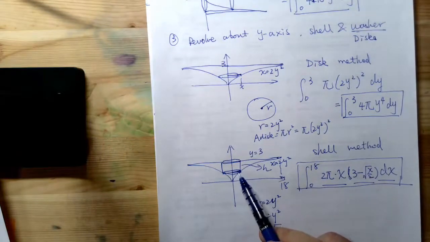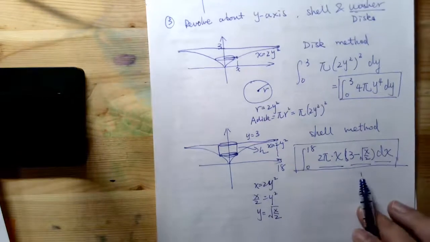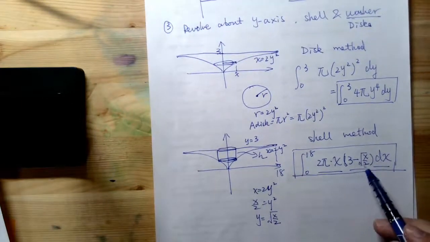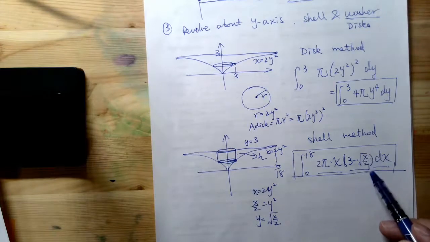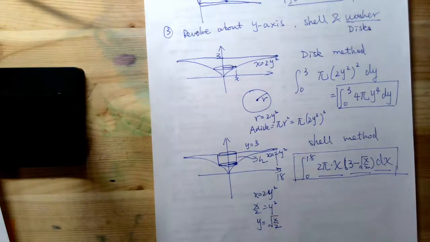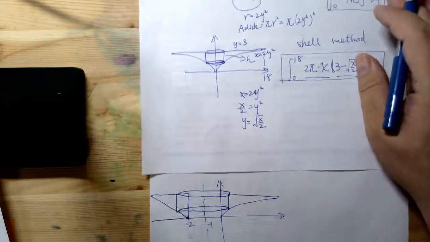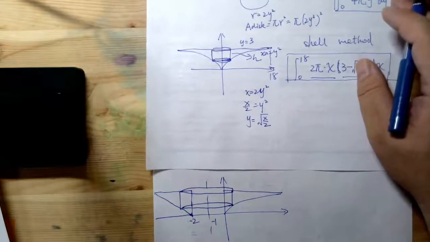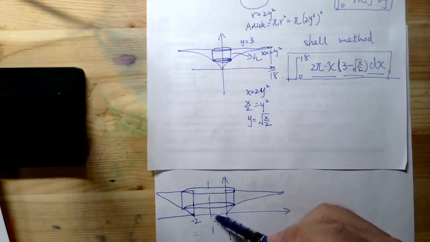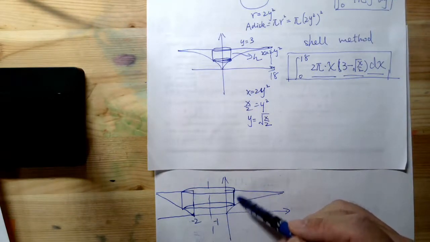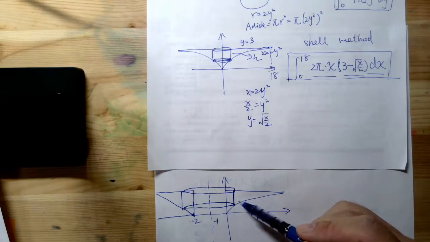You can see that the height we calculated, which is 3 minus square root of x over 2, is the difference between those two. It turns out that, guys, take a look. Even if we revolve about x equals -1, do you agree that actually the height does not change, okay?